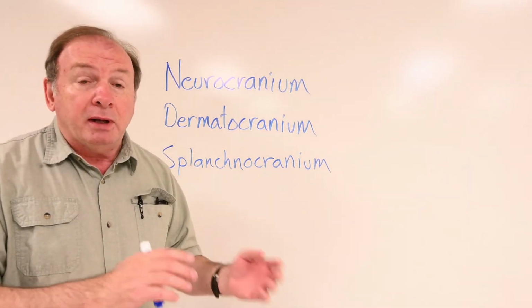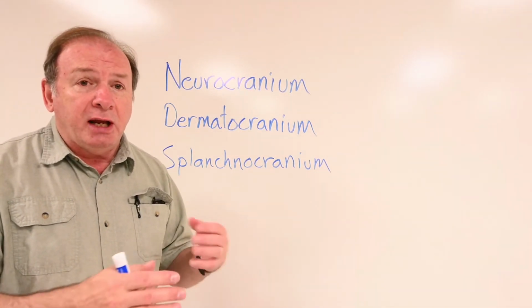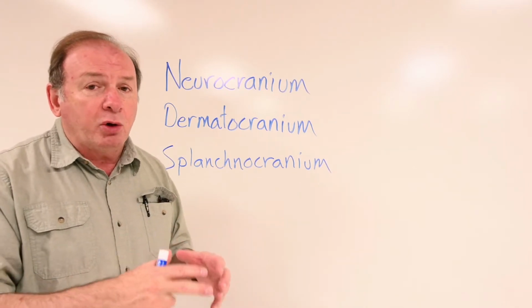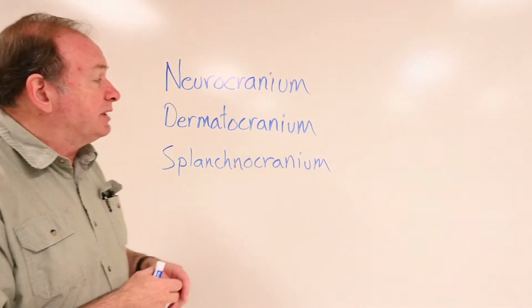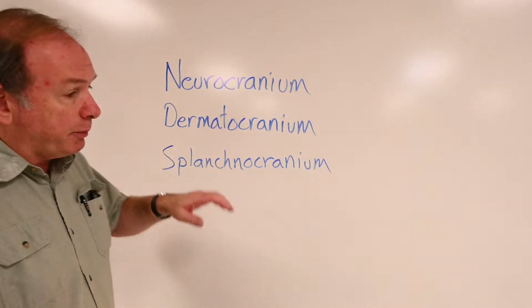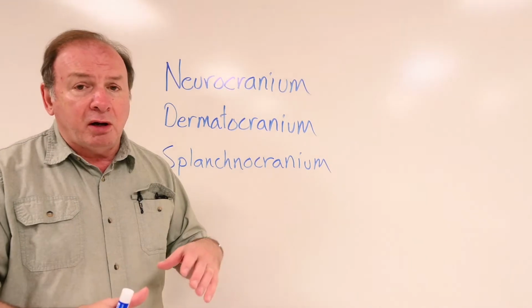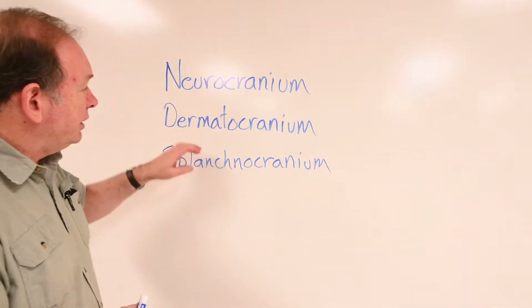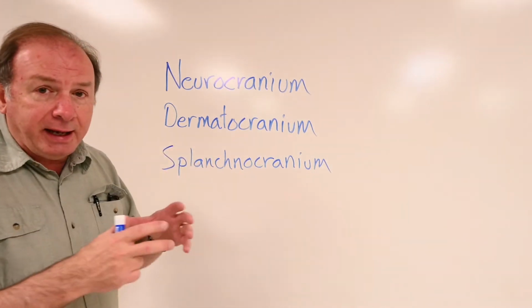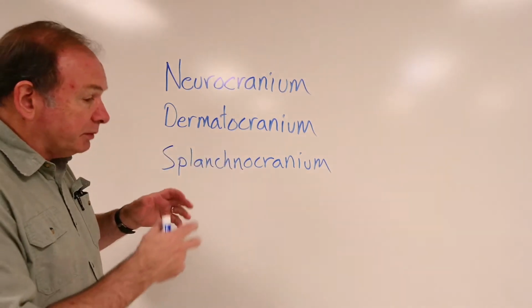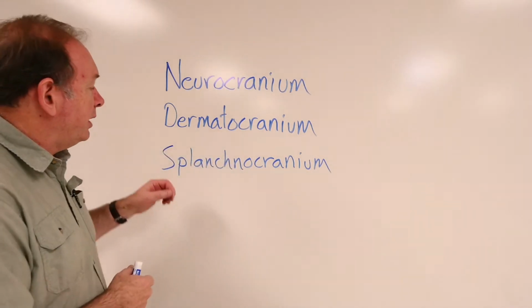The lamprey, hagfish, and cartilaginous fishes do not have this dermatocranium portion to their skeleton. So that's something that pops up when you get to the bony fish, like Polypterus, the gar, those fish in there. Their skull, we saw the amia, the bowfin fish also has this well-structured dermatocranium in there.